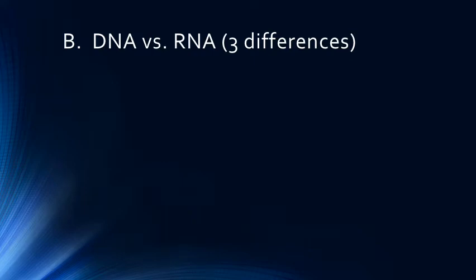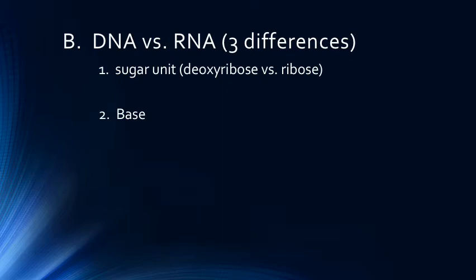So let's talk a little bit about the chemical structure of DNA versus RNA. There are three main differences. The first is the sugar unit, the pentose, or the 5-carbon sugar. In DNA, the pentose is deoxyribose, and in RNA, the 5-carbon sugar is ribose. We talked a little bit about the base differences.